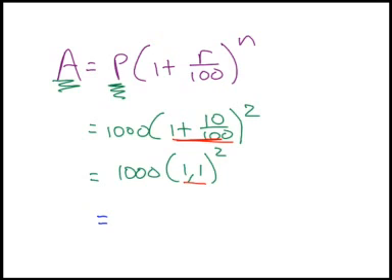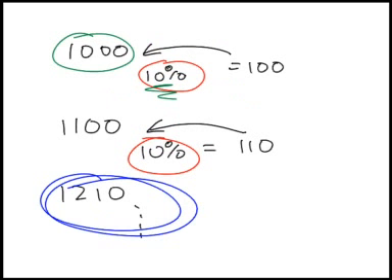I don't have a scientific calculator, so just say 1.1 times 1.1. That's 1.21. Okay, times 1,000 is 1,210, which is exactly what we got there.